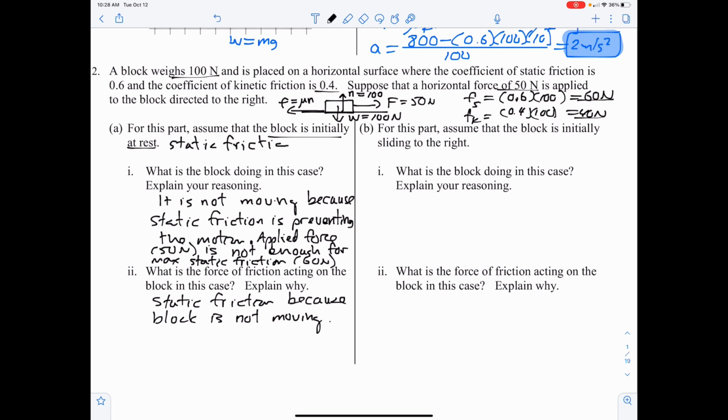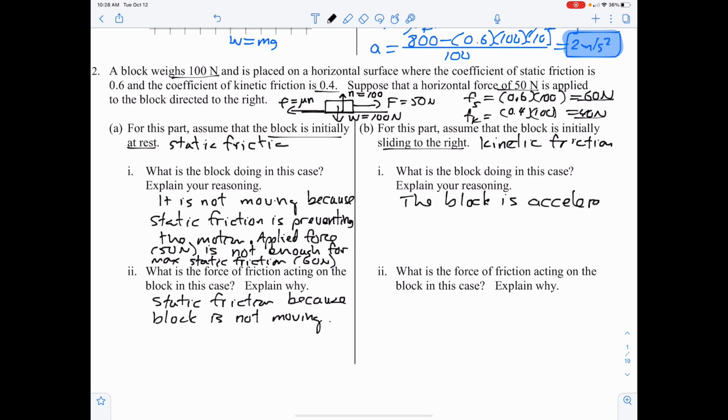Now in part B, assuming that the block is initially sliding to the right, now we're talking about kinetic friction. What is the block doing in this case? Well, the block is moving, but really the block is accelerating.